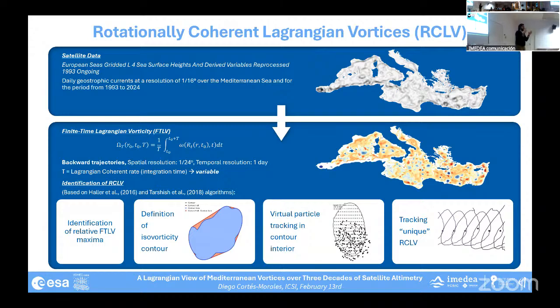Why do we do this? If you imagine an idealized vortex, you have a perfect circle, and the particles rotate along the circle. However, at the end of its life, this perfect circle is going to unravel into filaments. When filamentation starts, we start having concavities. So we are searching for almost convex isovorticity contours around the maximum.